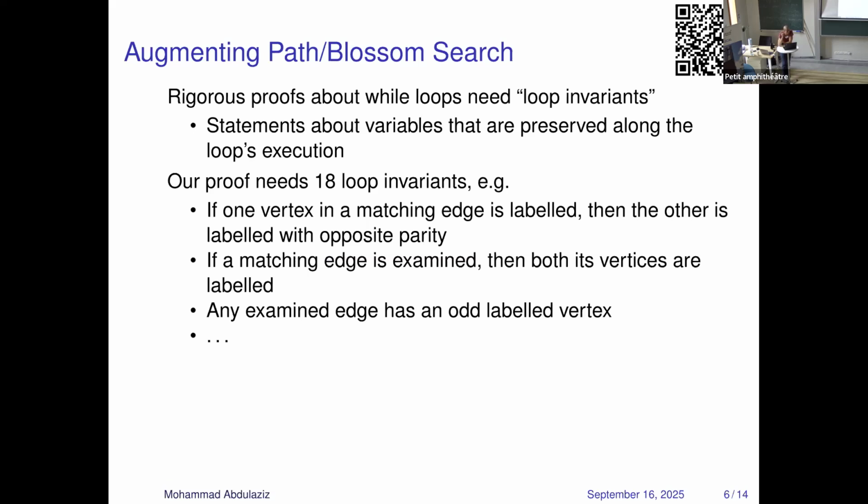I don't know, you can say it's a meaningless statement, I will just say it anyway in the hope that it conveys some intuition. Most of these invariants have some mathematical content rather than just low-level invariants about pointers and things like that. You talk about some properties of graphs, or some properties of augmenting paths and so forth.